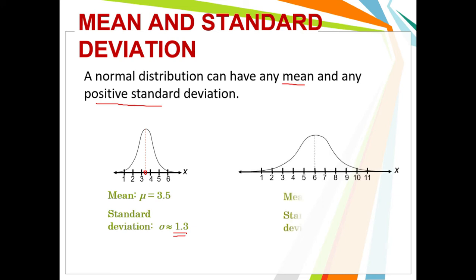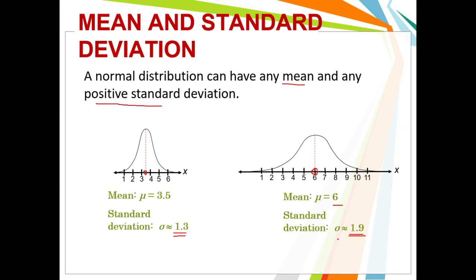So on the other side naman ng ating presentation, we have a graph na medyo shorter, however, wider naman yung kanyang curve. Ang kanyang mean is nasa 6. So, we can see the line of symmetry is found at the 6 na value. Ang kanyang standard deviation is 1.9.